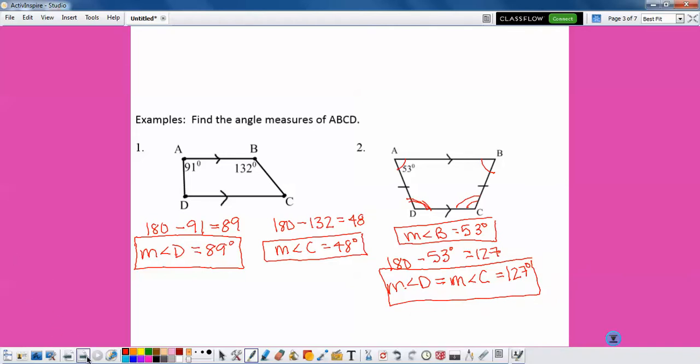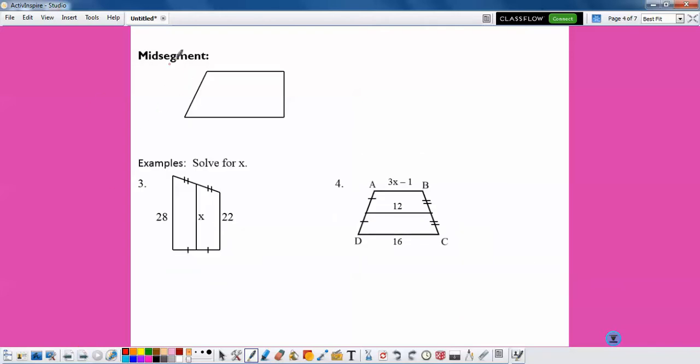Now trapezoids have a special part of them. It's called the midsegment. It is a segment that connects the midpoint of each leg.